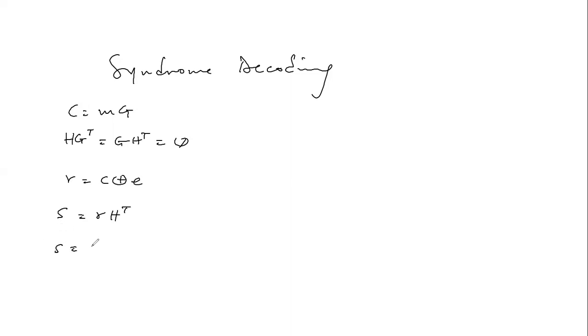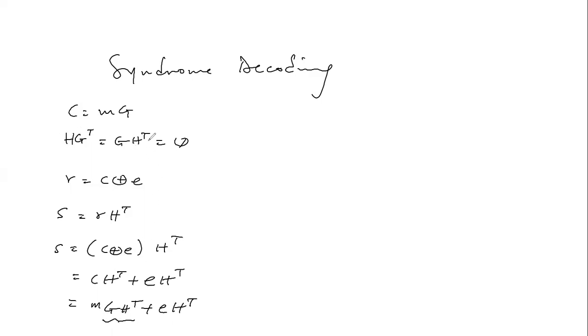Hence, the syndrome is (C plus E) H transpose, which is C H transpose plus E H transpose. We know that C is M G, so M G H transpose plus E H transpose, and G H transpose is 0. So the syndrome is 0 plus E H transpose.